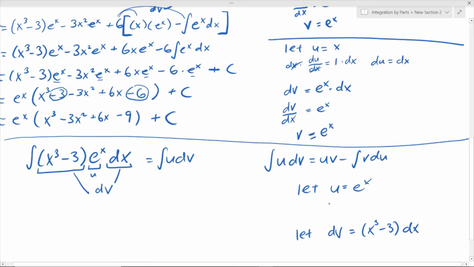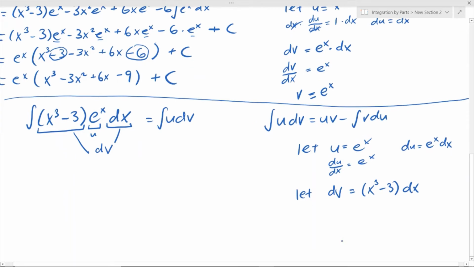So du over dx is going to be equal to e to the exponent of x. Du is going to be e to the exponent of x times dx, because we multiply both sides by dx. And then here, we're going to find v. dv over dx is equal to x cubed minus 3.